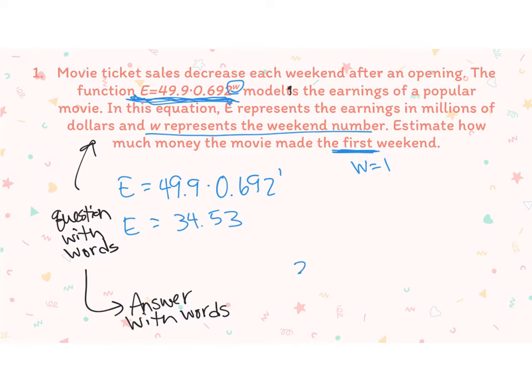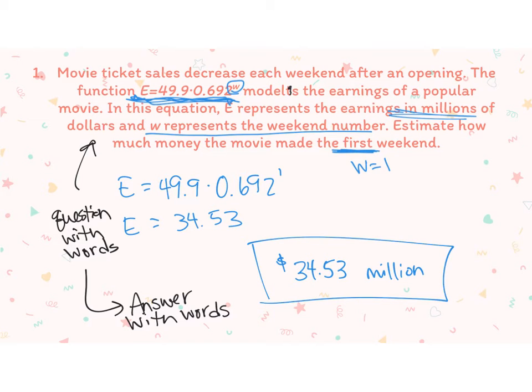So my answer here would be $34.53, and that's in millions. So I'm going to say $34.53 million there. Putting in the dollar sign and marking that it's a million gives me my answer with words to go along with the mathematical equation that I solved.